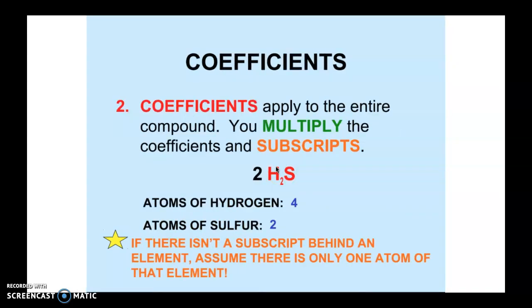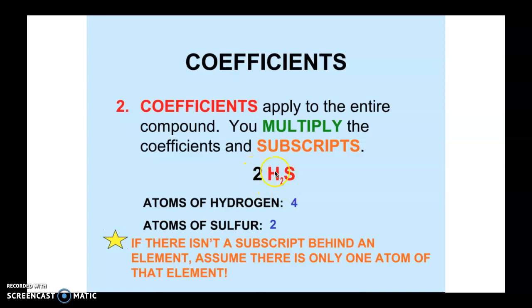The next thing you need to look for is something called a coefficient. Coefficients are these big numbers that go in front of the whole compound. Whatever you have here, you multiply out by every single other element in the compound. So I'd say 2 times hydrogen 2. I'd multiply this coefficient by the subscript.